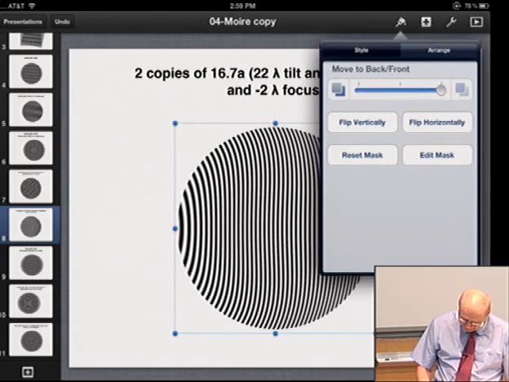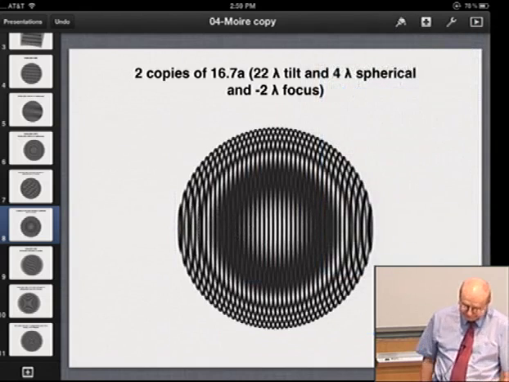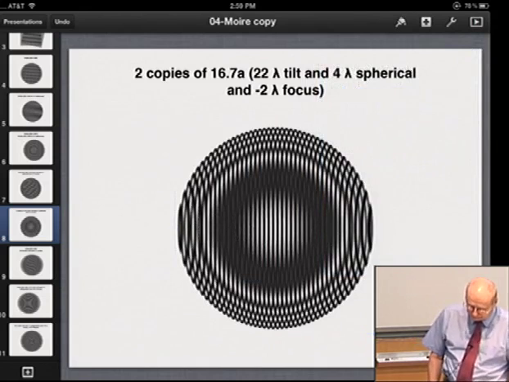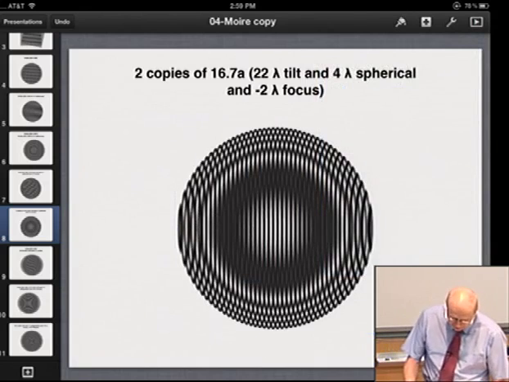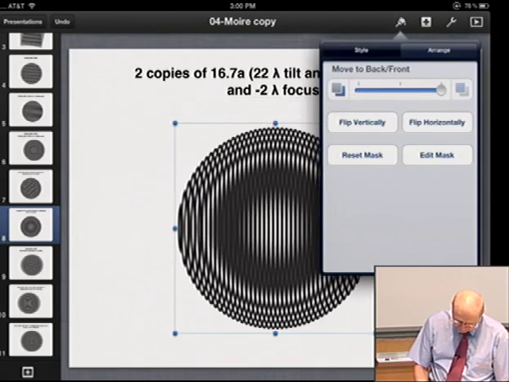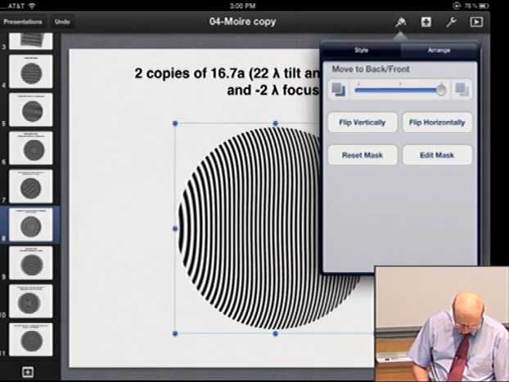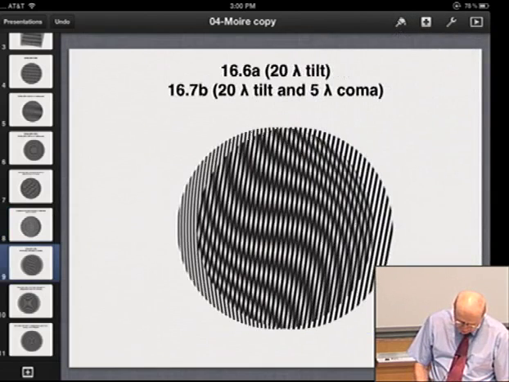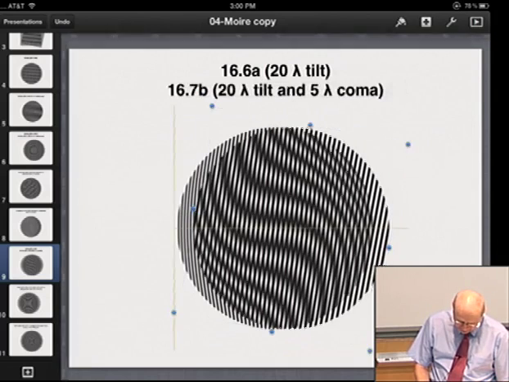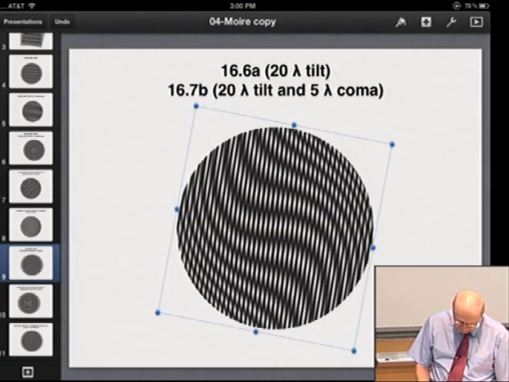And I could flip it and get the 4 spherical minus 2 focus twice. Okay. And so this is 20 of tilt, and then 5 of coma.